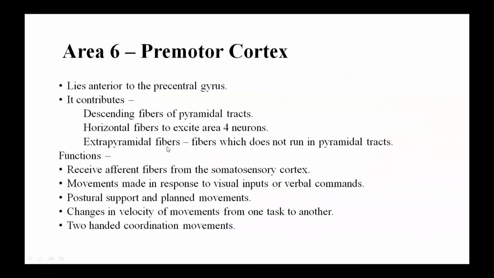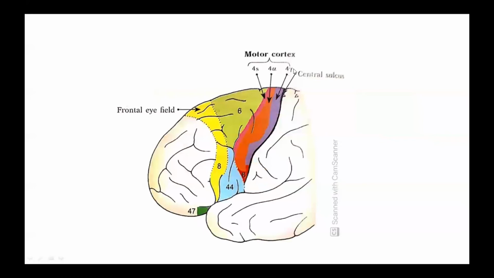Now we move to area 6, which is also called the premotor cortex. This area lies anterior to the precentral gyrus. See here, this is area 6.